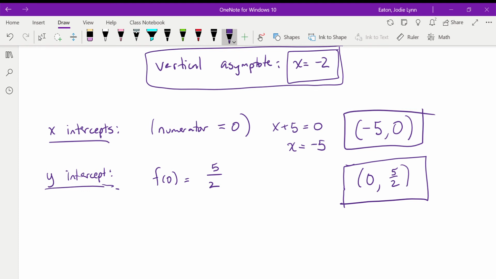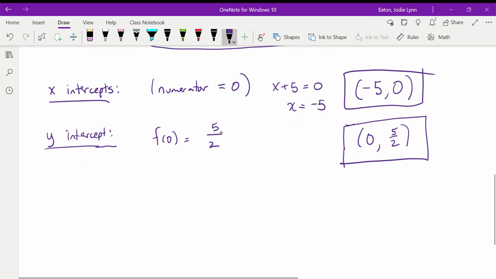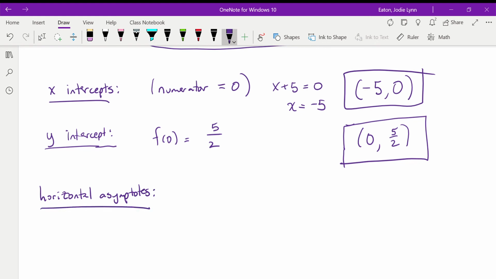Okay, so now the last thing we have to do with the original function is find whether there are any horizontal asymptotes. For the horizontal asymptotes, we are going to take the limit as x approaches infinity.